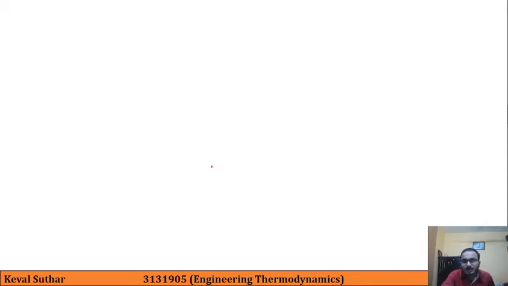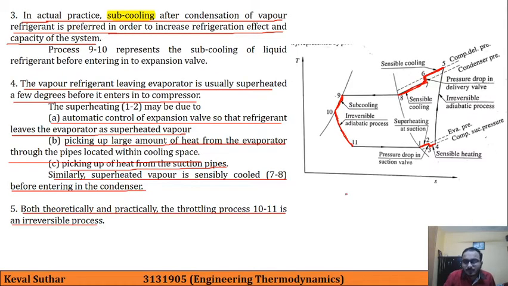And one more thing that I would like to add here is, apart from these pressure differences, the compression process ideally was essentially isentropic, but here it is an irreversible adiabatic process. So we can observe entropy increase during process 4 to 5.